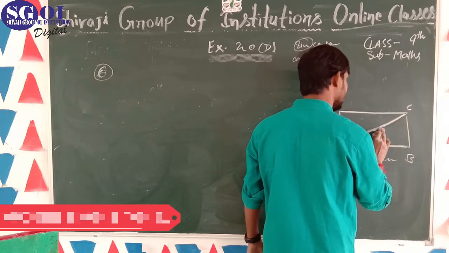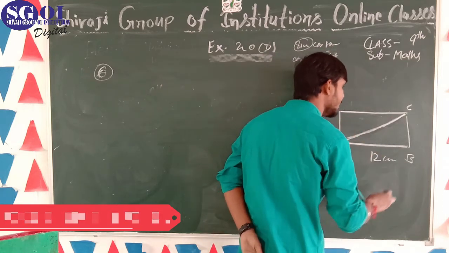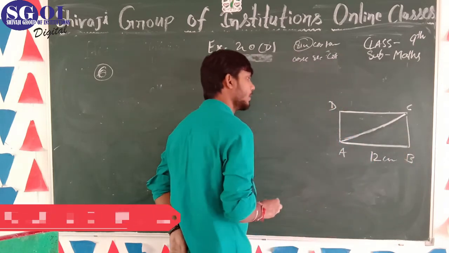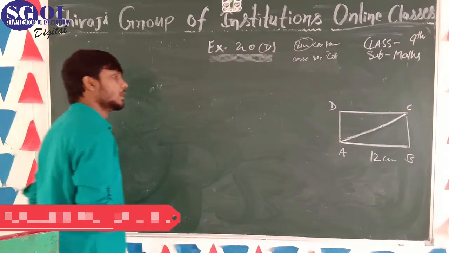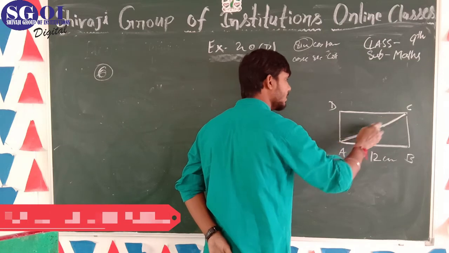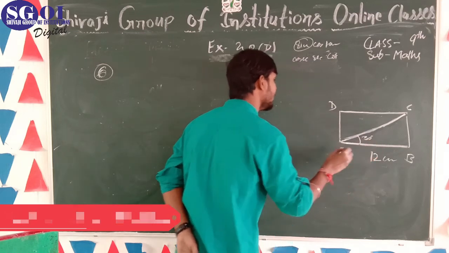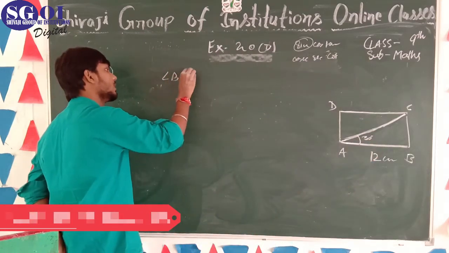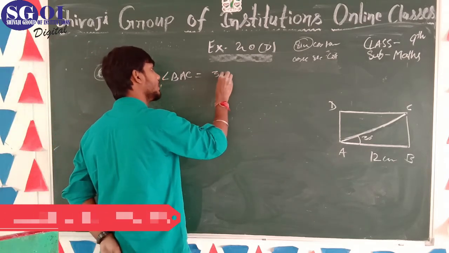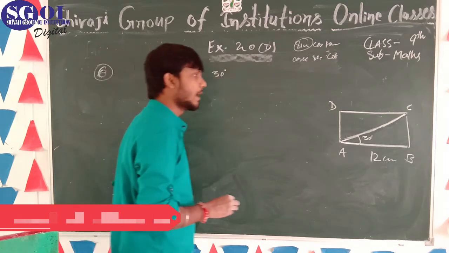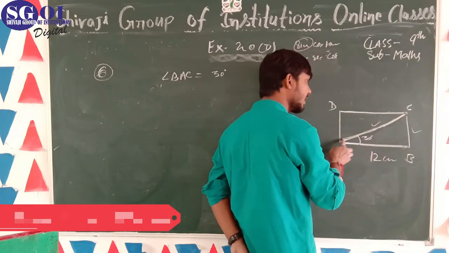BC is the other side of the rectangle. The diagonal makes an angle of 30 degrees with the base, angle BAC. We have to find the side BC and also the diagonal AC.